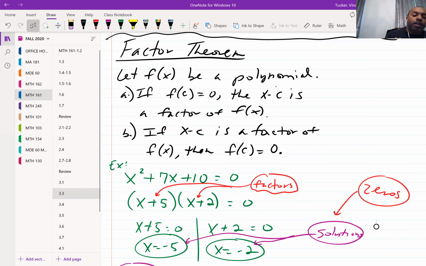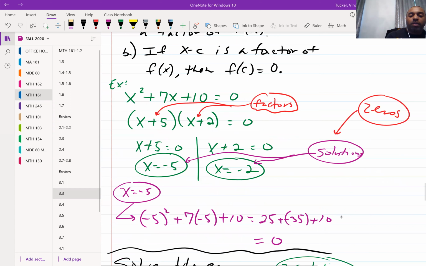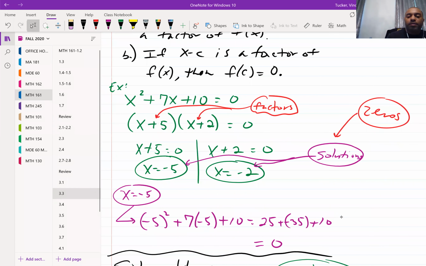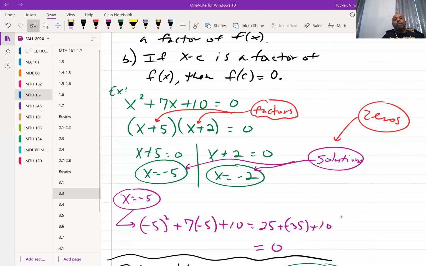All right. Then if we were to plug in negative 5 or negative 2 into this function, I would also get 0 out. And that's what I did right here, just showing you that. Questions?